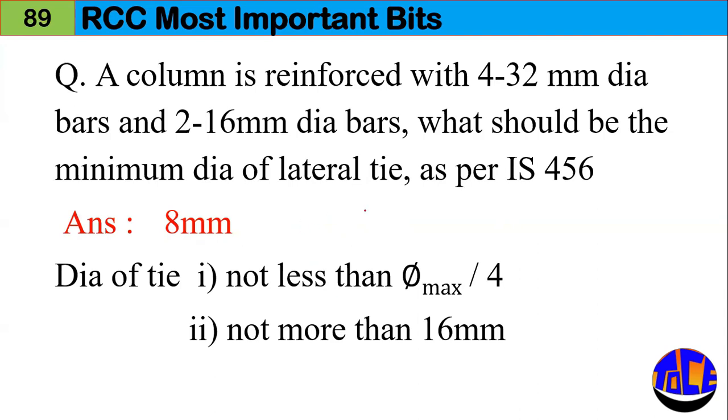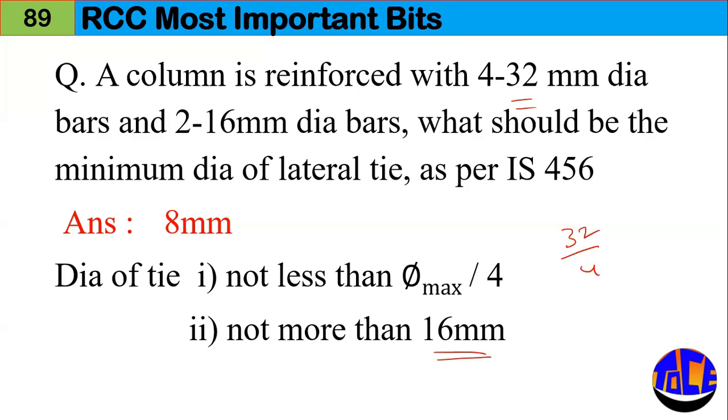As per IS 456, the minimum lateral tie diameter should not be less than the maximum dia by 4. Here the maximum dia is 32, right? So 32 by 4. It should not be less than this value, and it should not be more than 16 mm.